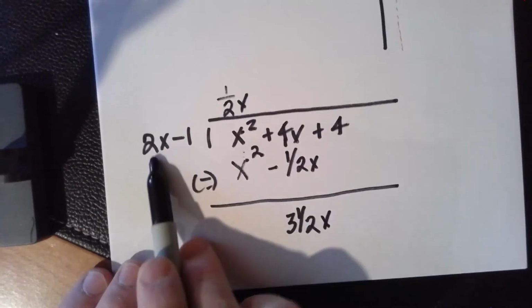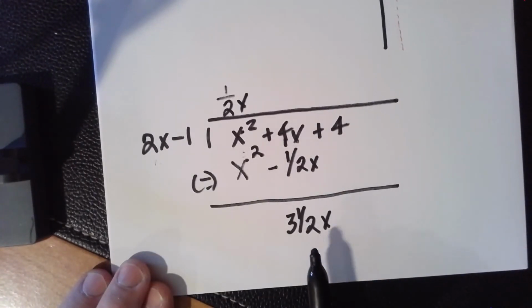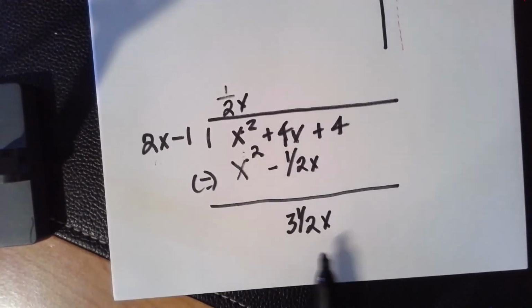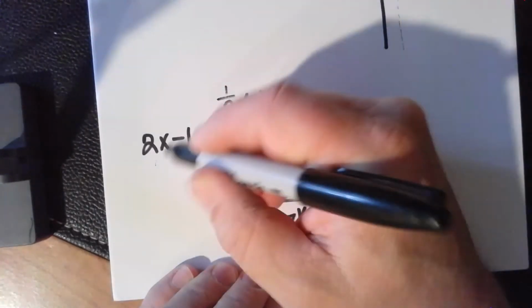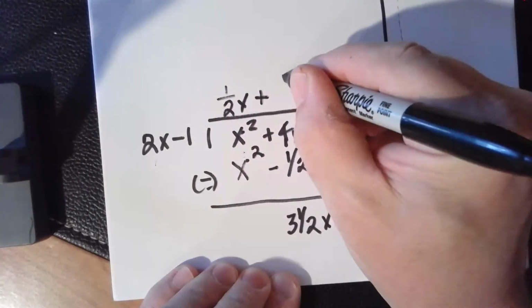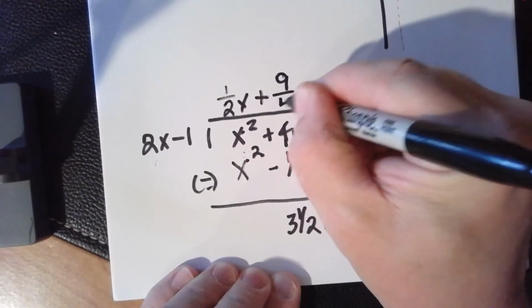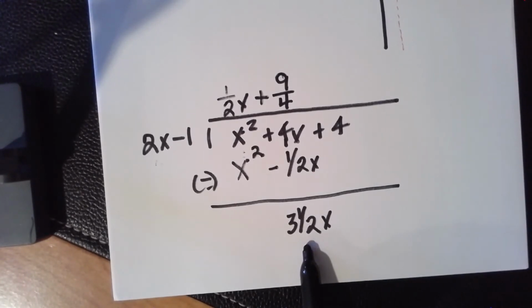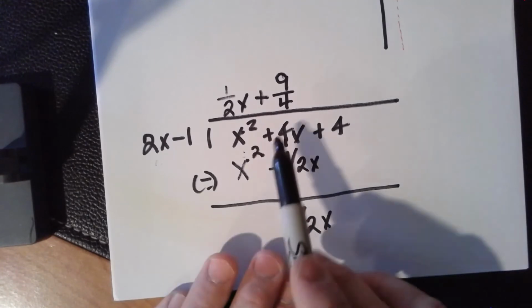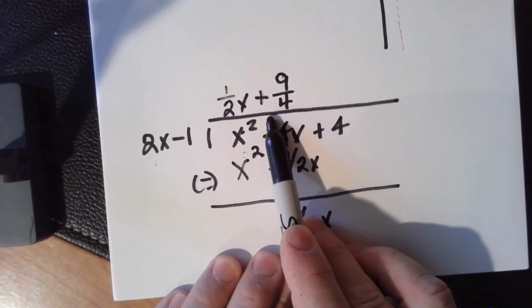Now, what am I going to multiply this by to get that? That is a plus 9/4, because that's 18/4, and that's what will do it for me. That's as far as I need to go.